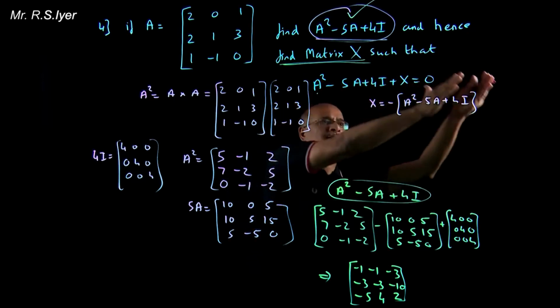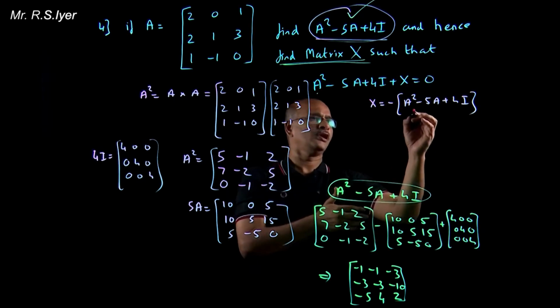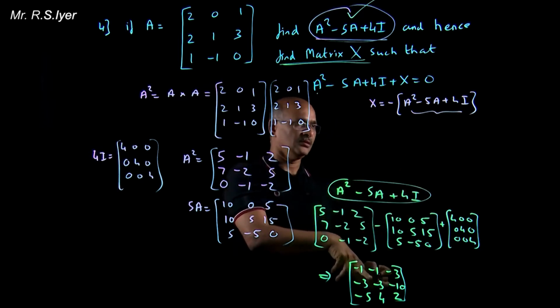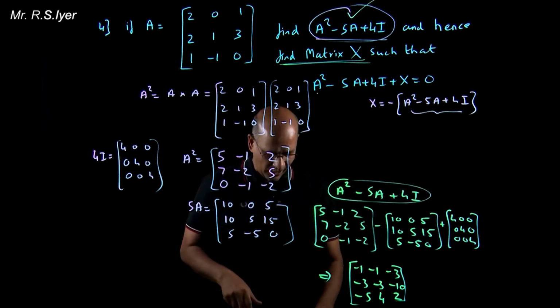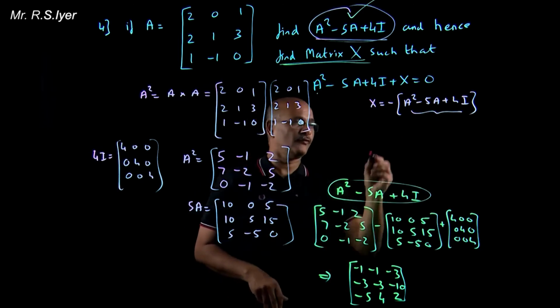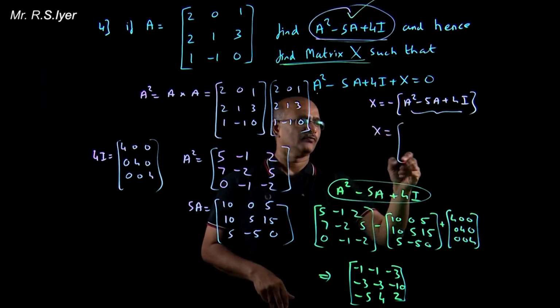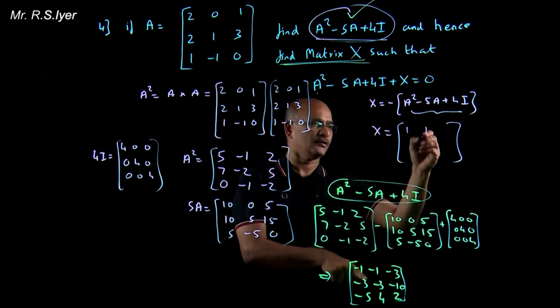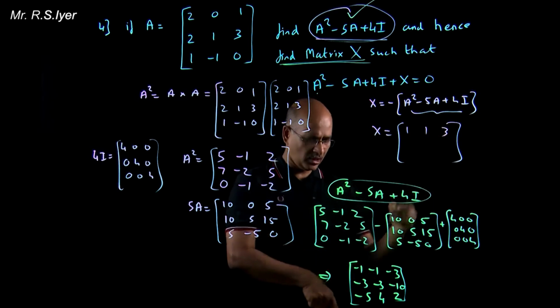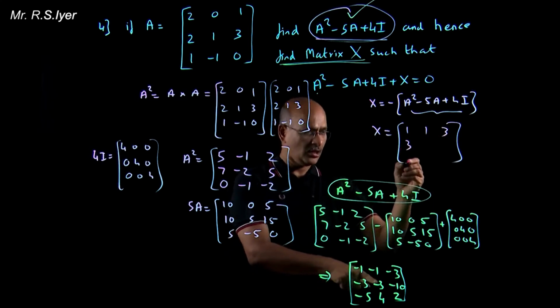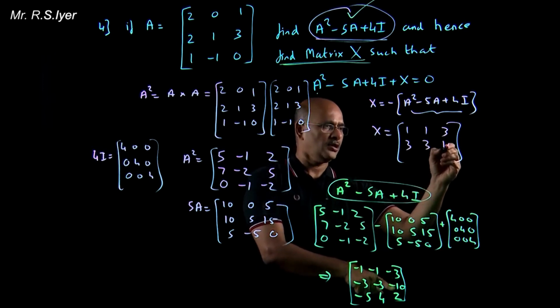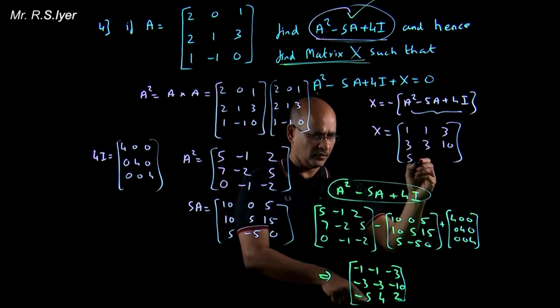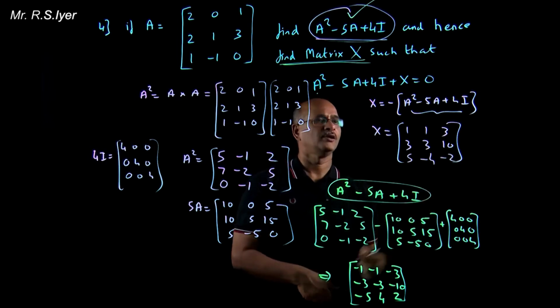This goes this side, and this already you have the answer here. So minus of that. Finally X will be minus of this matrix. So 1 minus of minus 1 is 1, minus of minus 3 is 3, minus of minus 3 is 3, 3, 10, here it is 5, here it is minus 4, here it is minus 2.